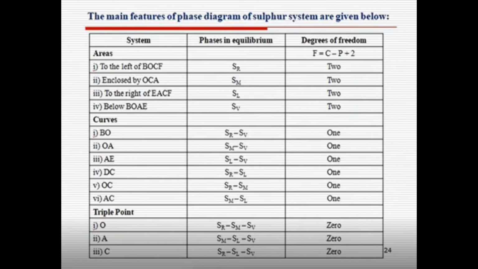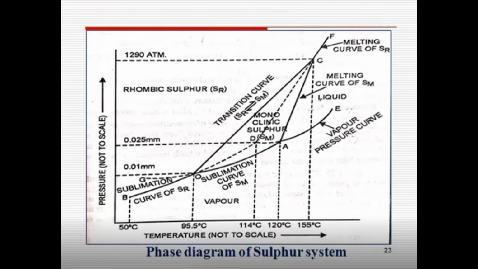Now we'll discuss the areas. There are 4 areas, and in each area only a single phase can exist. So to locate any point, we require 2 variables, that is both temperature and pressure. So areas are bivariant. This also follows from the phase rule equation.